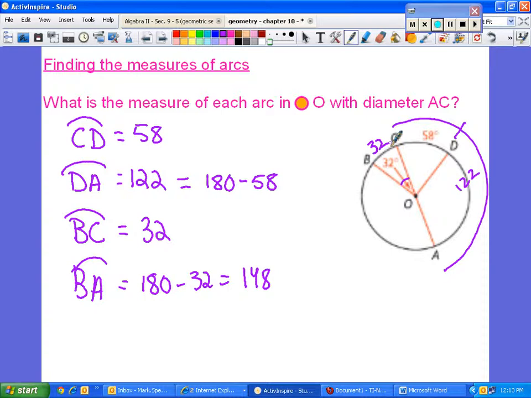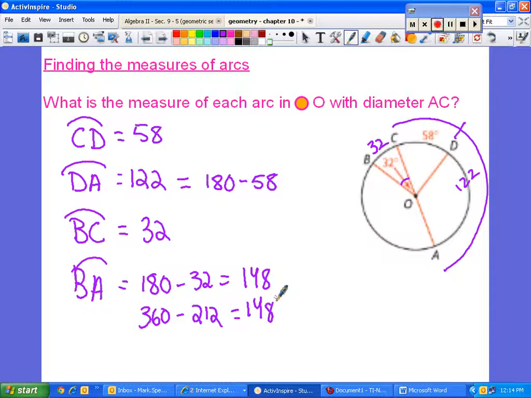So you can do 360 minus 212, or minus 180 and then minus 32. That gives you 148. Now again, to me that's more work than necessary. To me this is much easier, but you can see there's always more than one way to get the correct answer. Okay, does anybody have any questions?